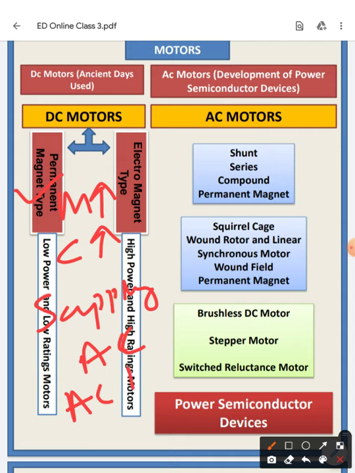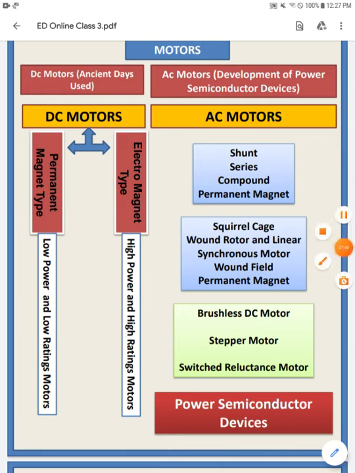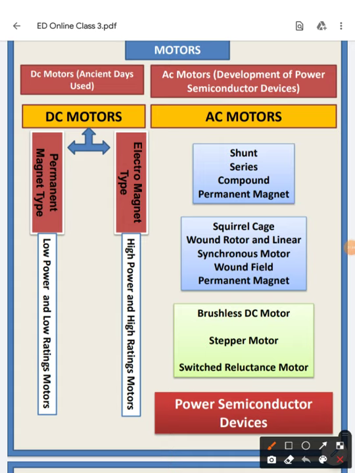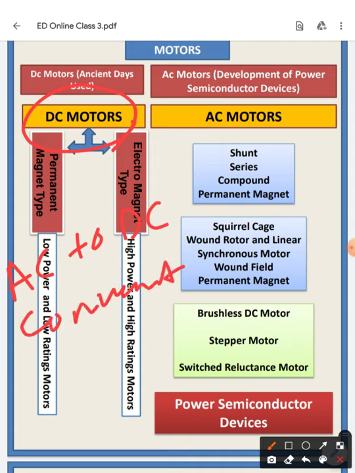Whenever we connect a DC motor in any kind of industry or area, we need to convert the supply AC voltage to DC, and only then can this motor be driven. So that is another disadvantage. An extra converter is needed, so that cost is also included in the DC motor cost, right?